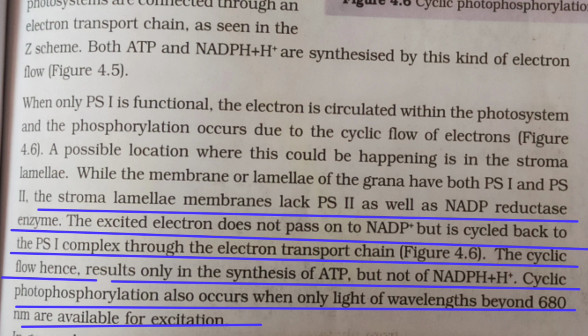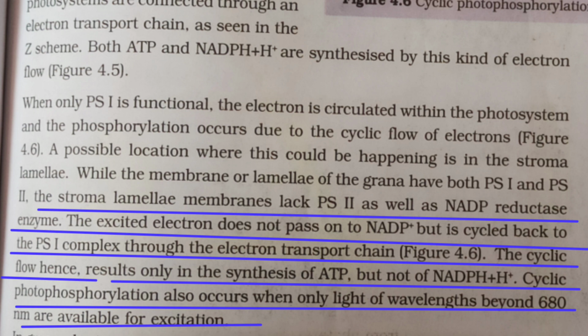The excited electron does not pass on to NADP+ but is cycled back to the PS1 complex through the electron transport chain. The cyclic flow hence results only in the synthesis of ATP, but not NADPH plus H+.